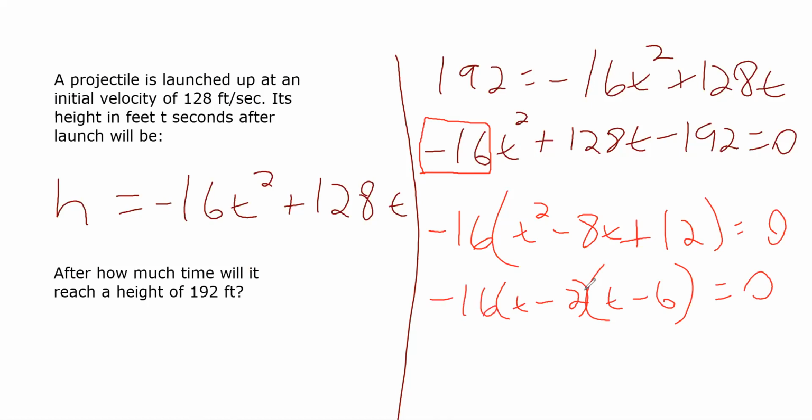Your intuition hopefully leads you to take out that negative 16. And now using the principle of zero products, the negative 16, again, we can just keep ignoring it. We would set t minus 2 equal to 0 and solve it. We would get positive 2 and positive 6 here.